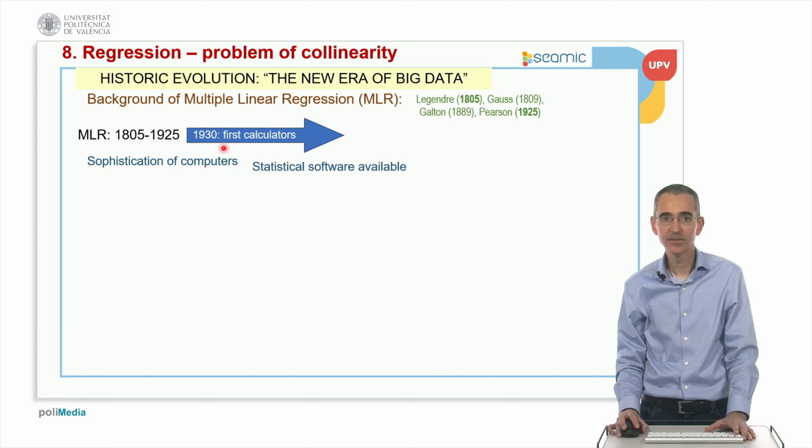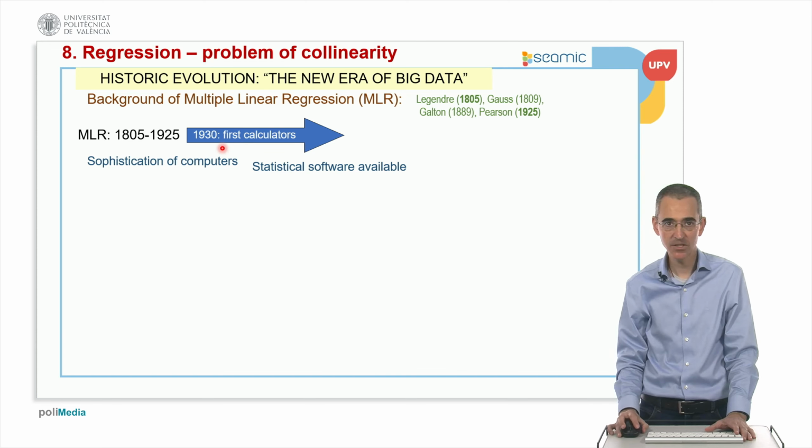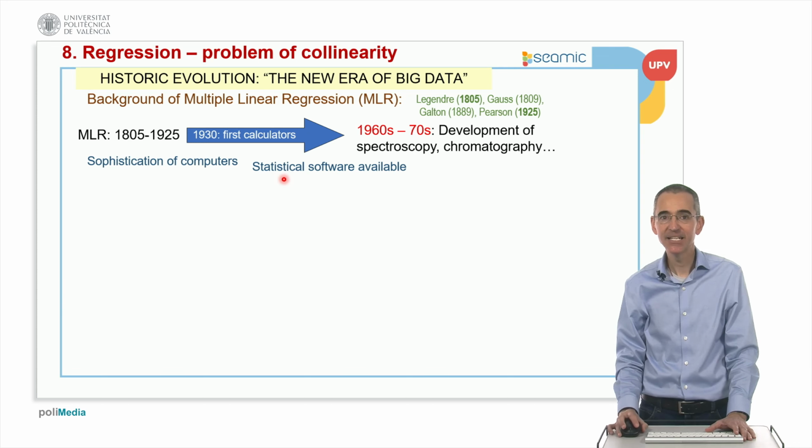But a few years later, approximately 1930, we had the first calculators. And as the decades progressed, the sophistication of computers and the statistical software which became available meant that in the 1960s and 1970s there was also a development of analytical methods of spectroscopy, chromatography, different methods used in analytical chemistry.